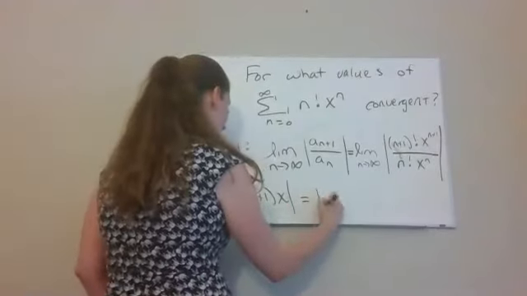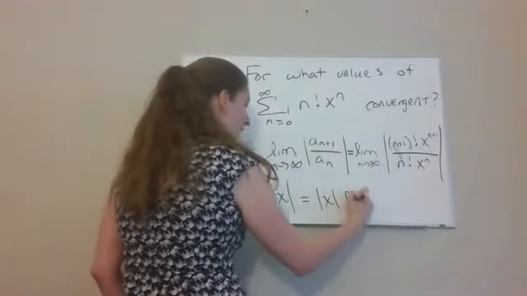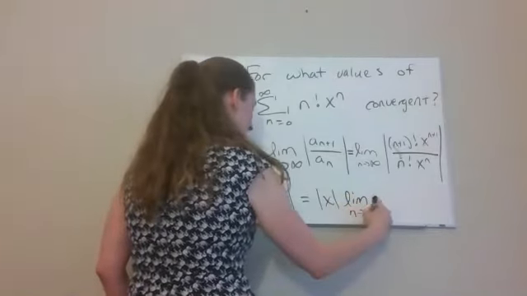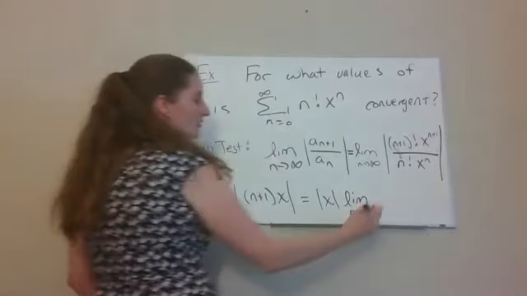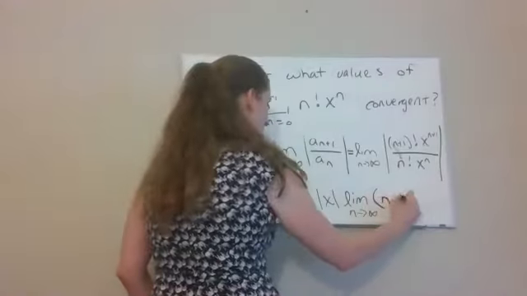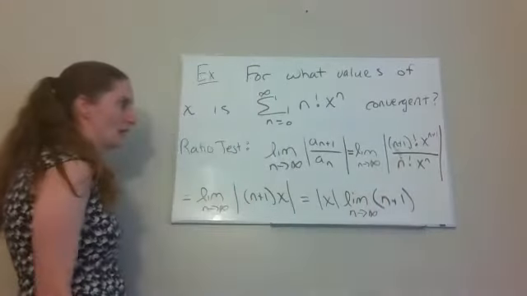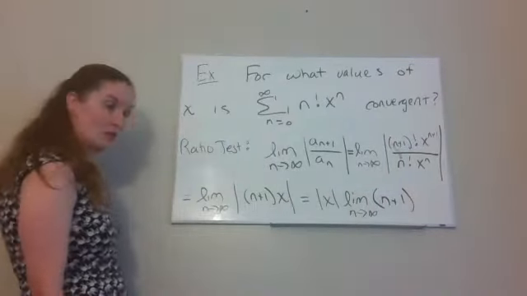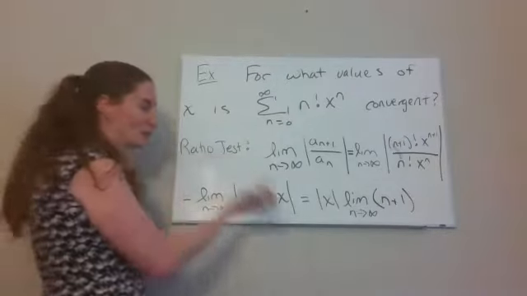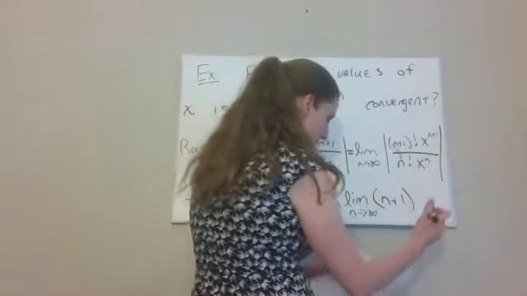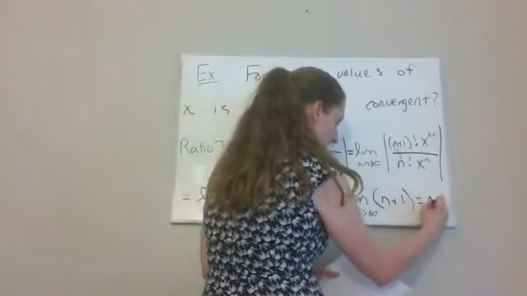So I get absolute value of x outside of the limit, and then I can do the limit as n approaches infinity of n plus 1. Well, that limit is equal to infinity, even when multiplied by my absolute value of x. So this is just going to be infinite.